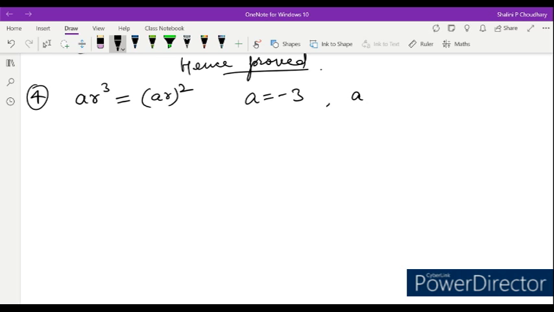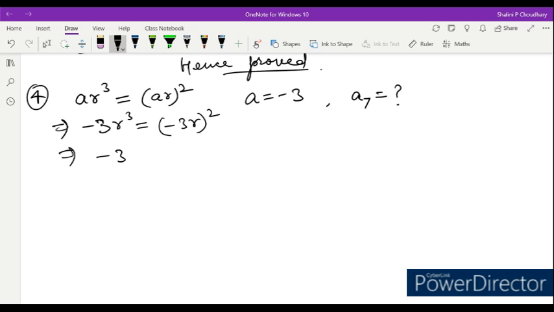So what we have to find out? We have to find out a7. Okay. So what we will do here, we will put the value of a here, it means it will be minus 3 into r cube, and that will be equal to minus 3r whole square.